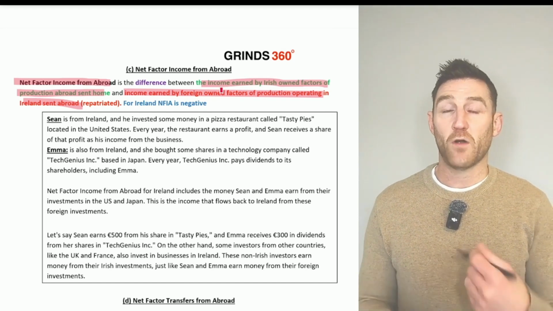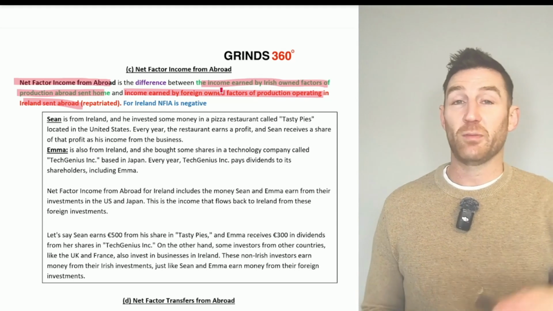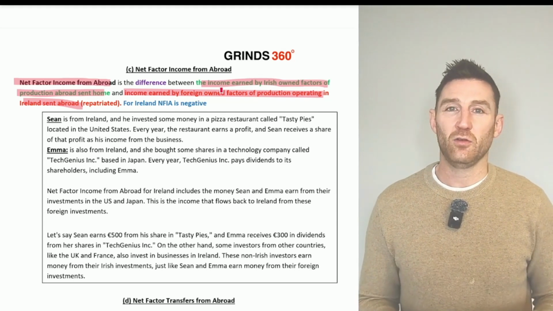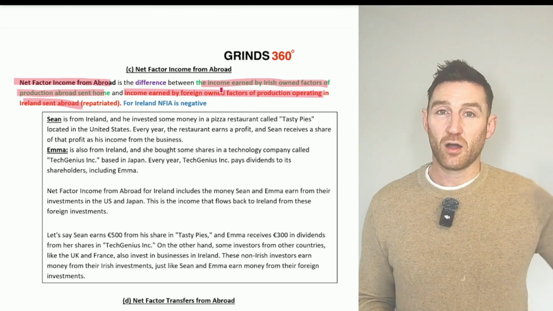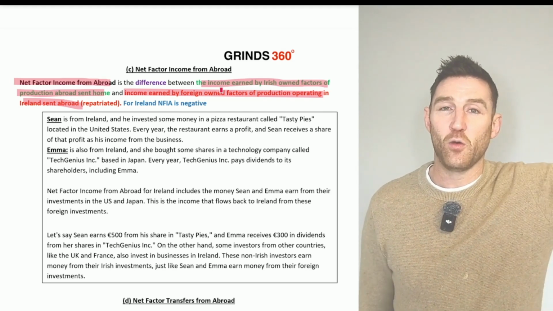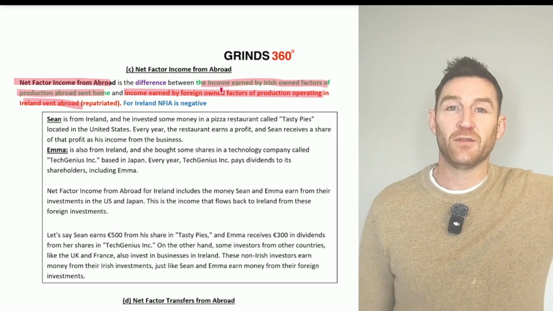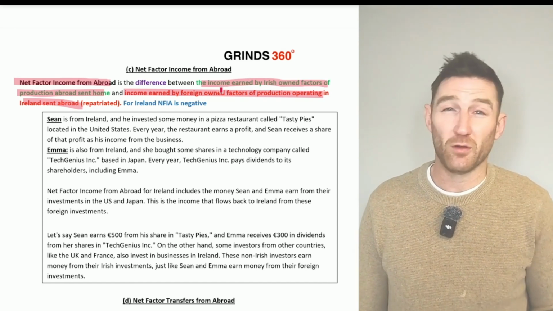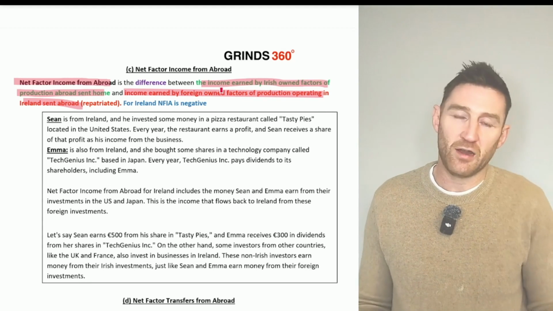So we have more foreign people working in Ireland sending their wages back home than we have Irish people abroad sending wages back to Ireland. And the last thing is to do with loan interest. So we owe other countries more interest from having borrowed money from them, essentially, than they owe us from having borrowed money from us. So the three outflows that make up net factor income from abroad are greater than the three inflows.